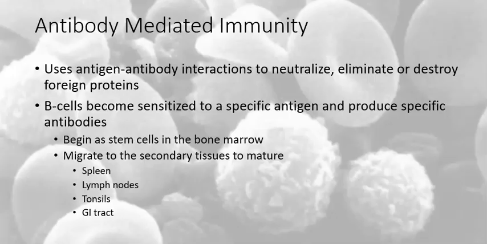The B cells become sensitized to a specific foreign protein, aka antigen, and produce antibodies for that specific antigen. The antibody causes actions to neutralize, eliminate, or destroy the antigen.